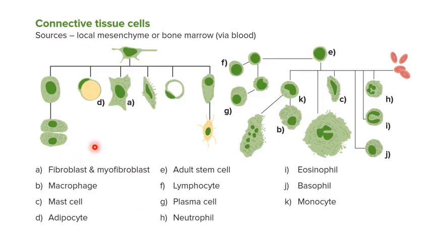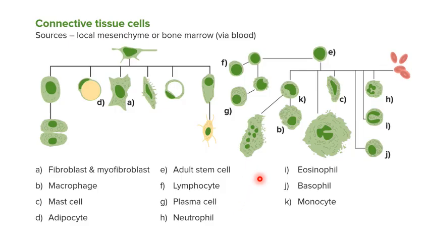All right, so you have all different types of cells here, and here you see cells of the blood. Your blood is also a connective tissue, right? So you have all kinds of blood cells here, like macrophages, mast cells, lymphocytes, plasma cells, and neutrophils.